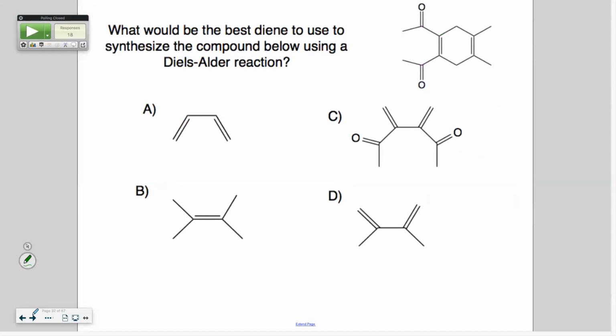What would be the best diene to make the compound below? Now, if you don't all get it right, I might cry. Trying to give you some points before the break.